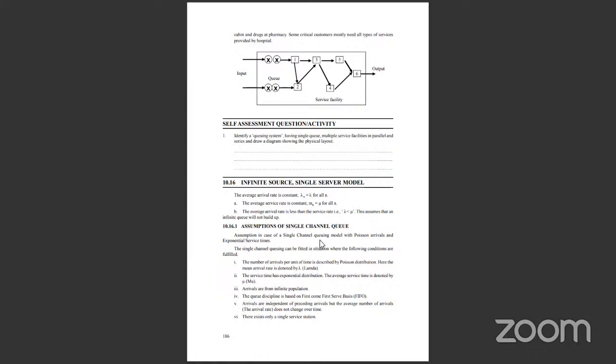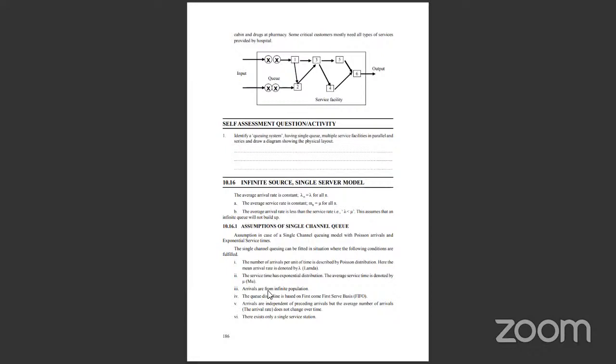Assumptions in case of single channel queuing model with Poisson arrivals and exponential service times. The single channel queuing can be fitted in situations where the following conditions are fulfilled. The number of arrivals per unit of time is described by a Poisson distribution, hence the mean arrival rate is denoted by lambda. And the service time has an exponential distribution, that is, the average service rate is denoted by mu.